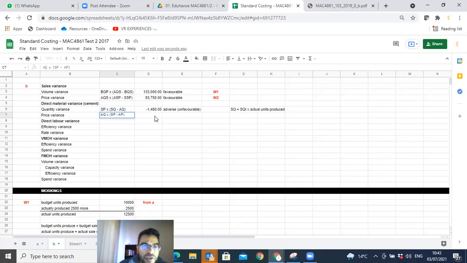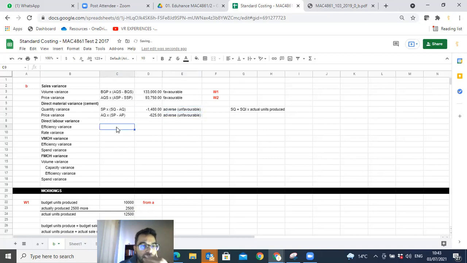Remember, actual quantity purchased happens to be the same, so it's 12,500 multiplied by standard price 185 minus actual price 1.9. It's negative, so it is unfavorable.